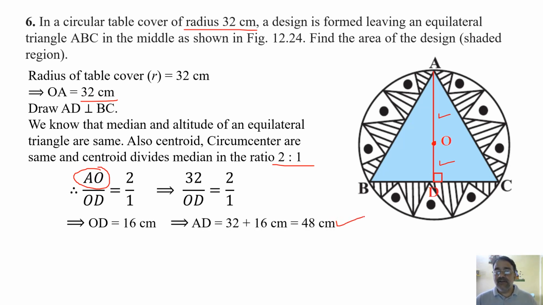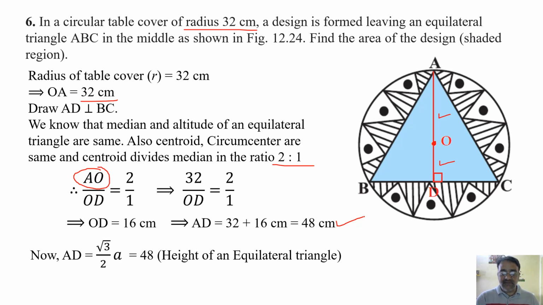We know that the height of an equilateral triangle is given by one formula, √3 by 2 a. So we are using that formula. √3 by 2 a is equal to 48.